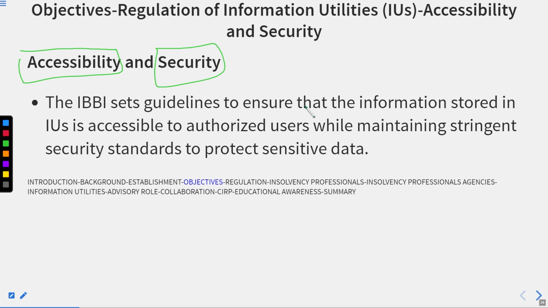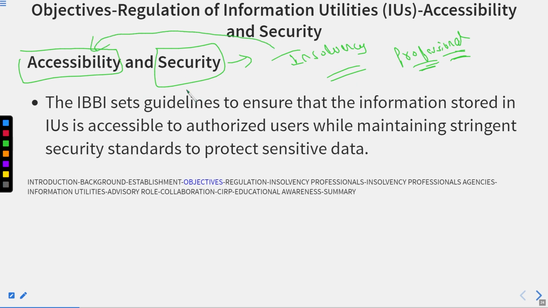Accessibility means the data must be open, could be easily accessed. But the security means it could be easily accessed by the insolvency professional only. Why? Because that person requires the data so that he could initiate the process of insolvency and the bankruptcy. So he requires an easy accessibility.